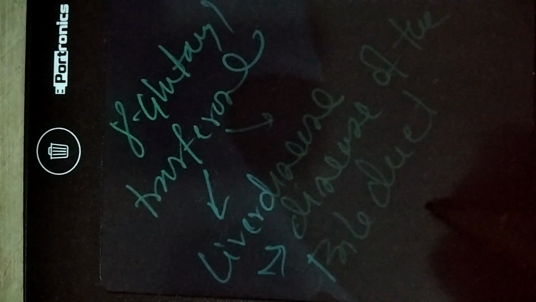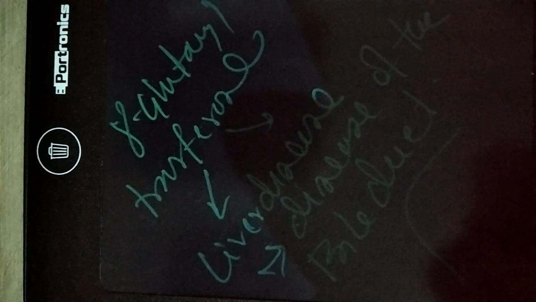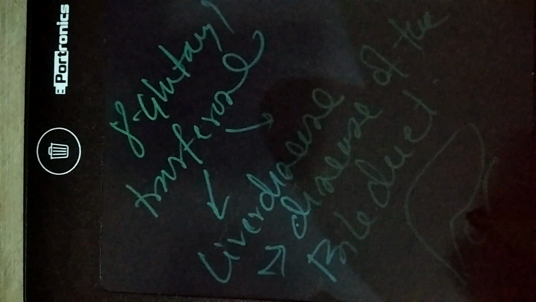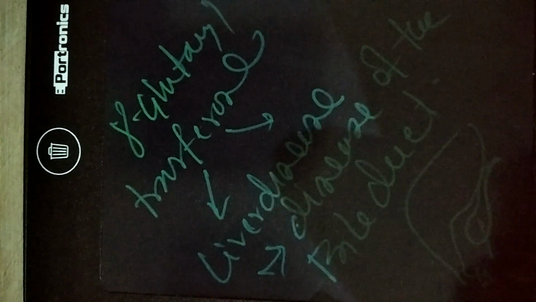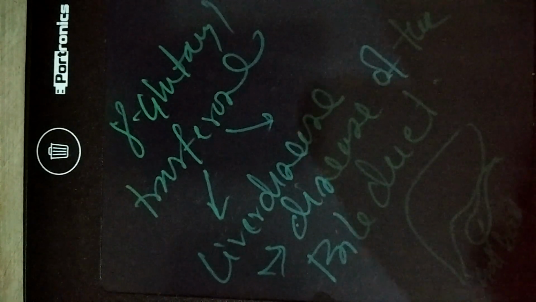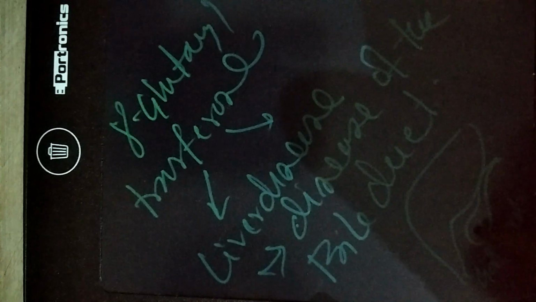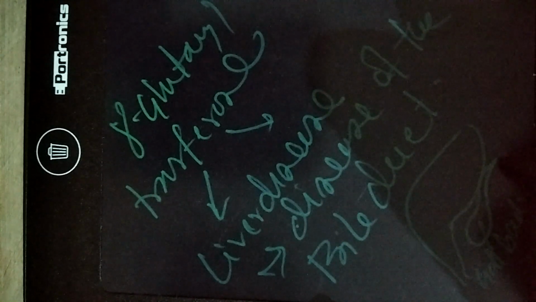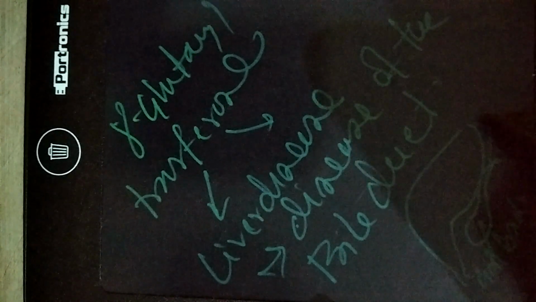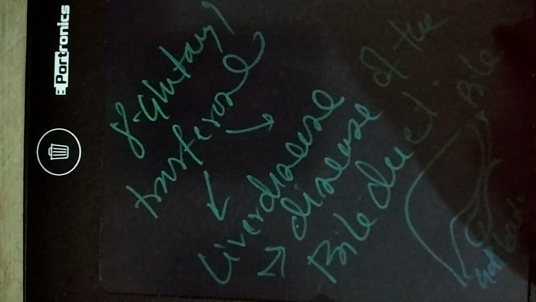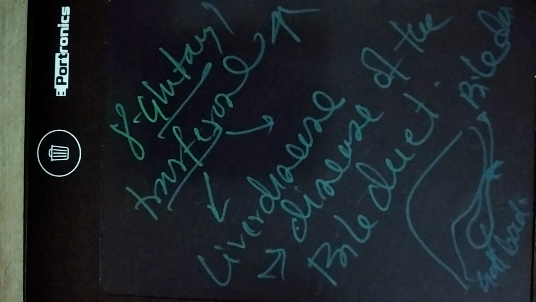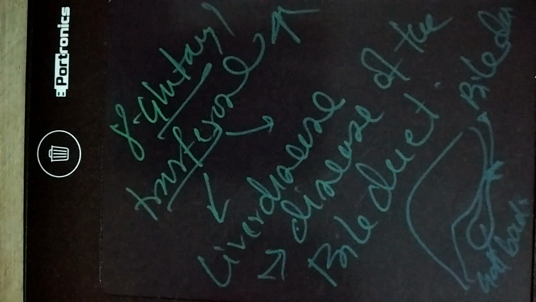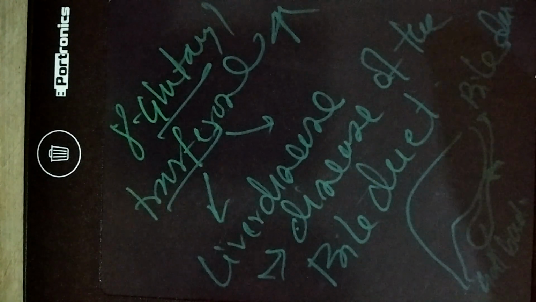Everyone knows just near the liver there is this thing called the gallbladder. Now the bile which is present inside the gallbladder comes into the system through a bile duct. Okay. If there is some abnormality in the bile duct, this particular enzyme, gamma glutamyl transferase, is increased. This is how gamma glutamyl transferase is also used as a liver enzyme marker. Okay.